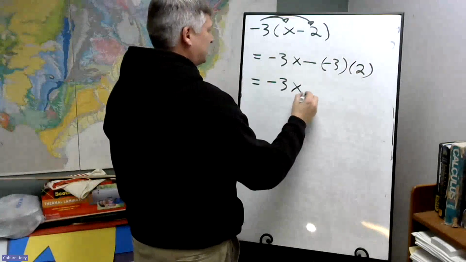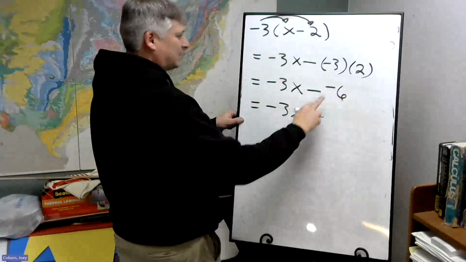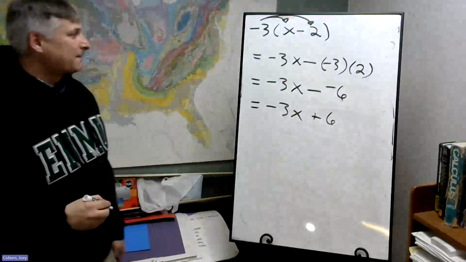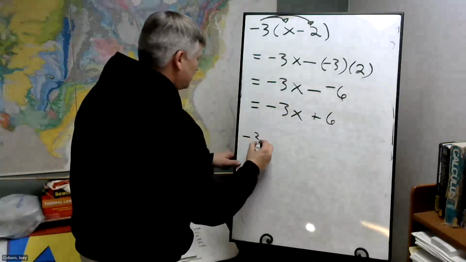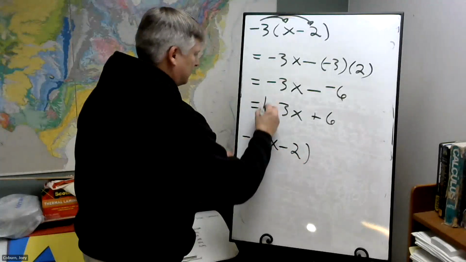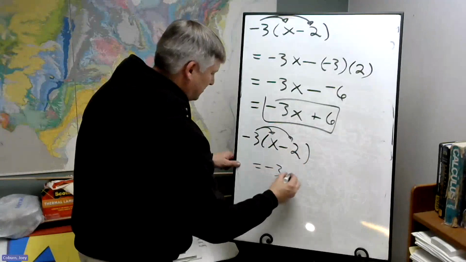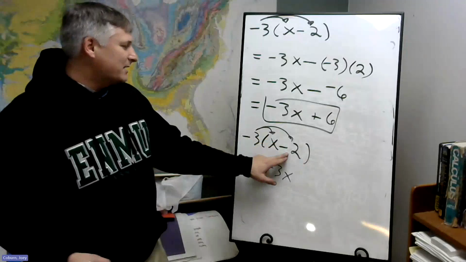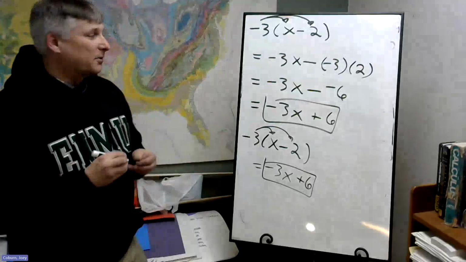So -3x minus -6, or -3x, and that double negative becomes a positive. And again, what people will do sometimes, they'll do a shortcut. -3x, and they'll say, treat this as -3 times -2 is +6. They'll do that also.